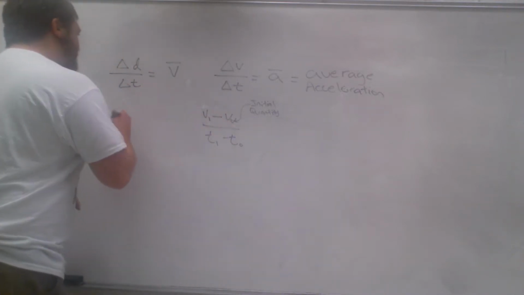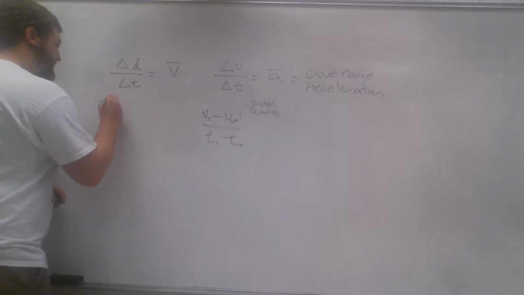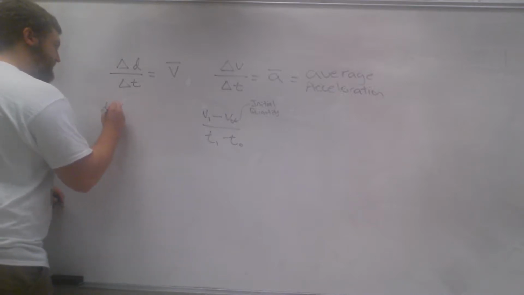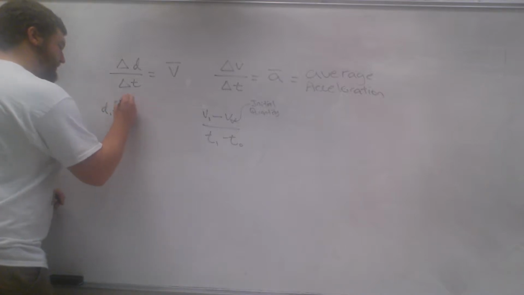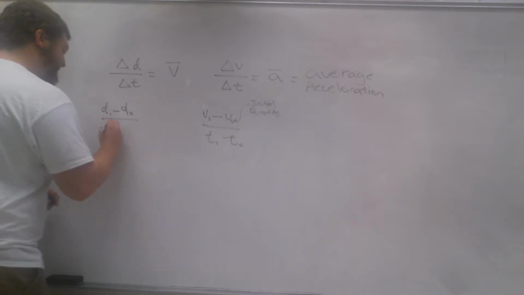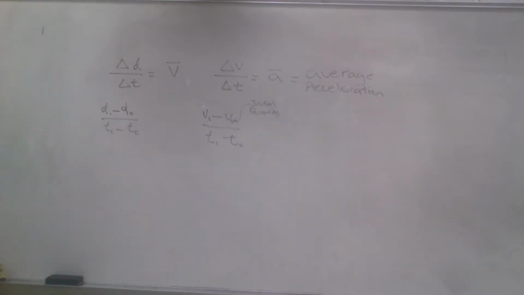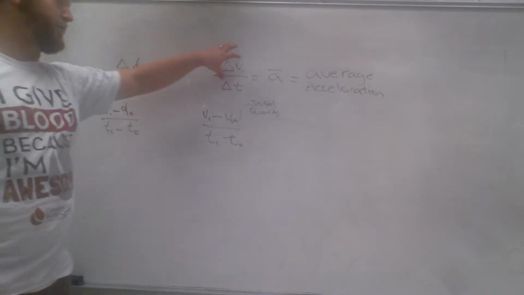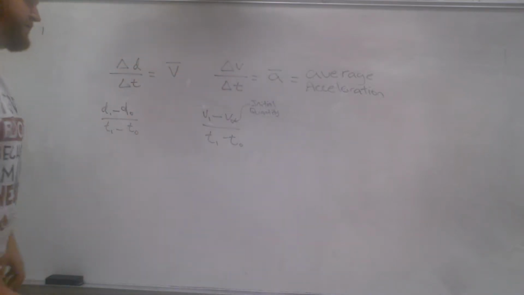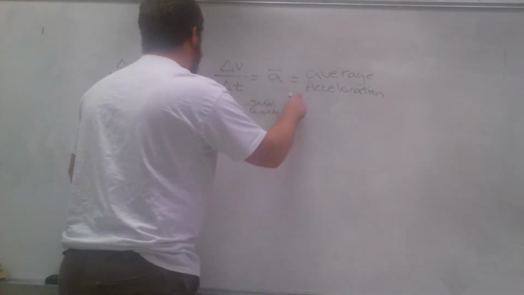Okay, so do we see how these are so similar? They are very, very similar, which is good for us, okay? But it's also confusing because we're going to get mixed up. You're going to make sure you're working either with displacement or with velocity. Okay, because if you're working with velocity, you're looking for an average acceleration.